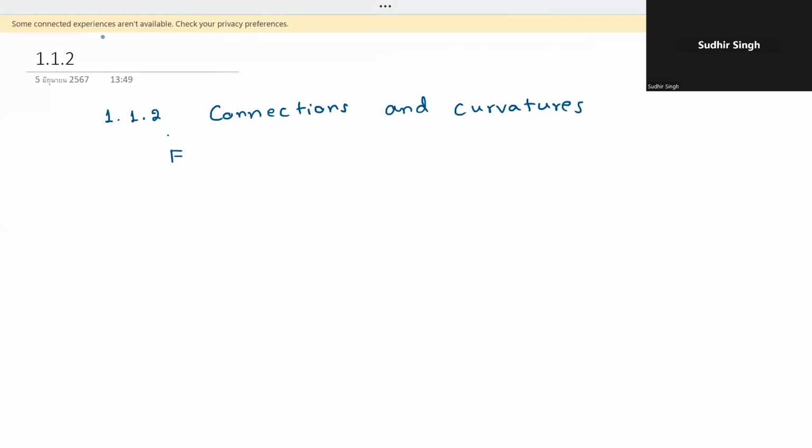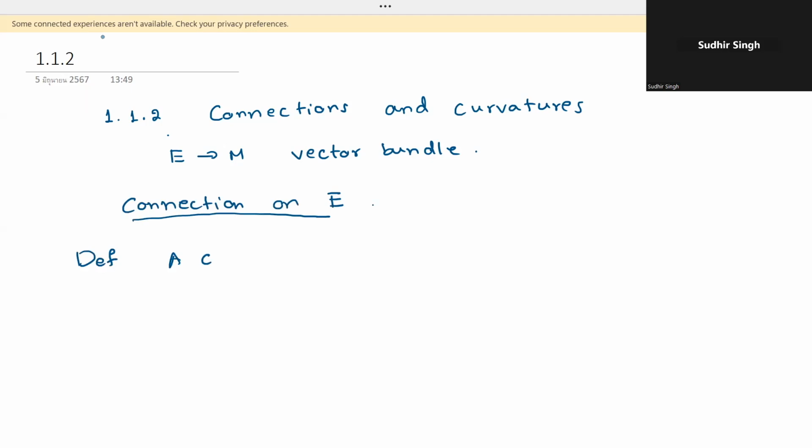So E is a real vector bundle over a manifold M. Then a connection on E, let me write out the definition, is a map.